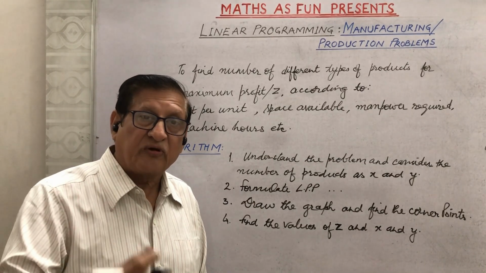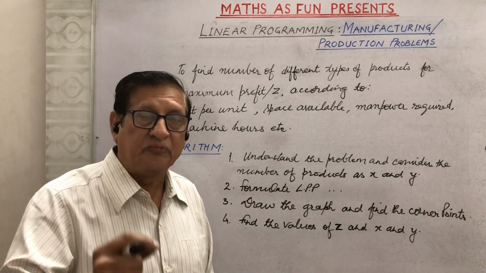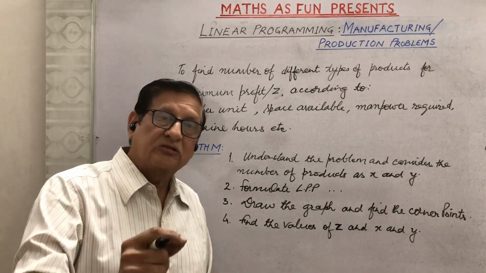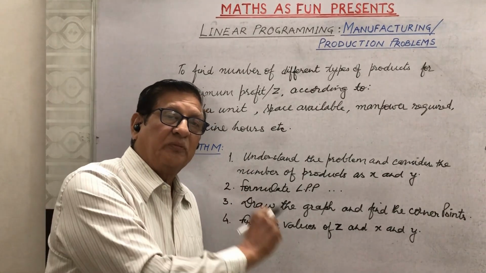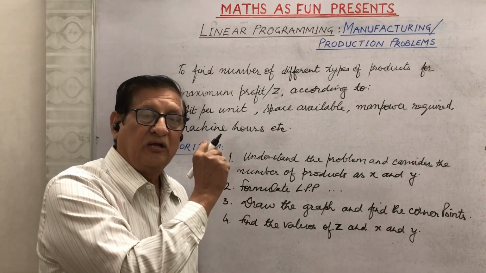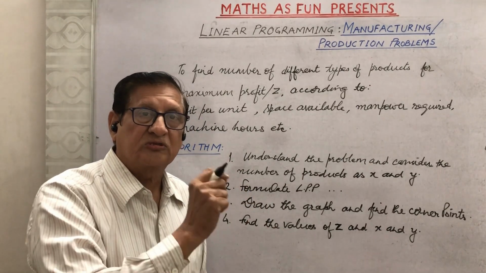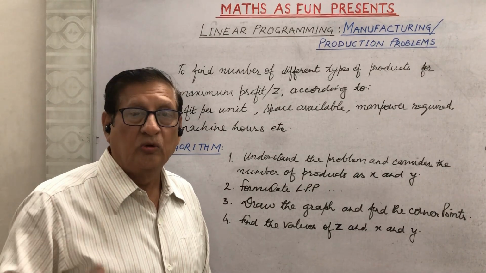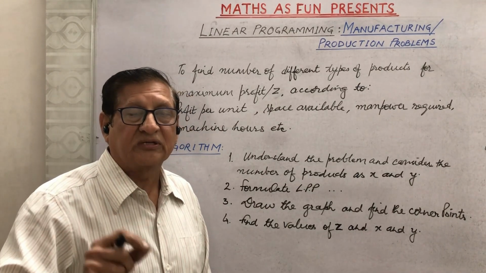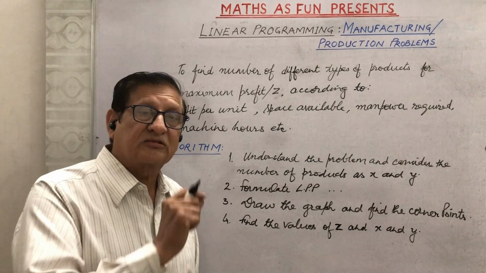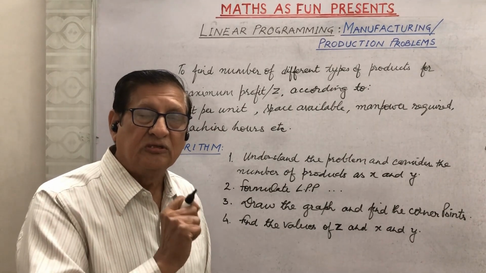It means we have to find out the maximum objective function, and also we have to find out what should be the required number of items to be produced in a day to get that particular objective function. We will discuss now some of the problems based on the same.